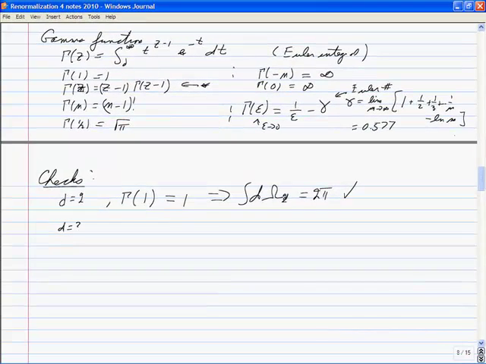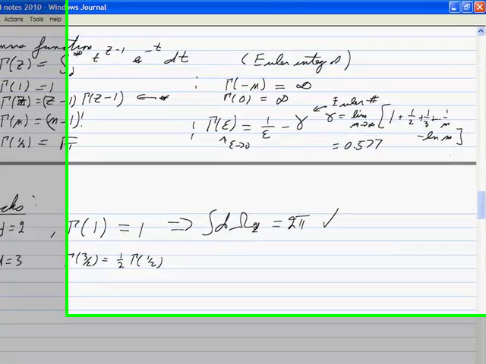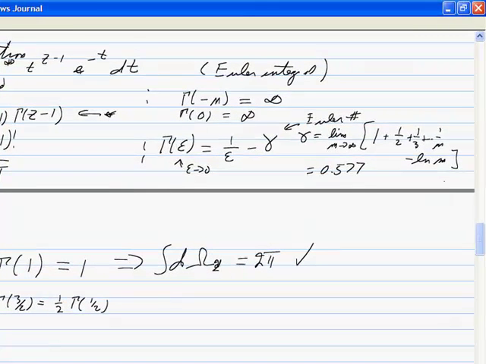In 3 dimensions, we have gamma of 3/2, which is then 1/2 gamma of 1/2, using the crucial identity here, which is then 1/2 times square root of pi.